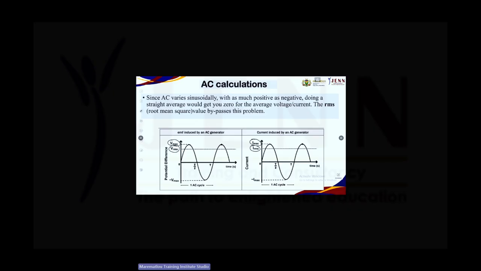So since AC varies sinusoidally, you will see it's sine waves with as much positive as negative. Doing a straight average would get you 0 for the average. So that is why we work with the root mean square. Now, if we look at our root mean square calculations, this is the equation.